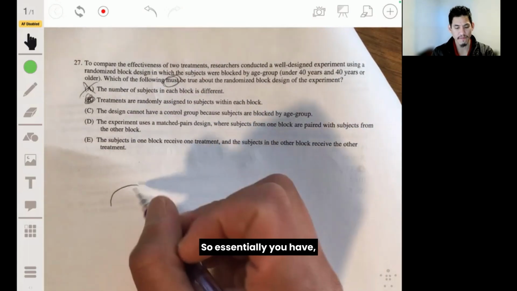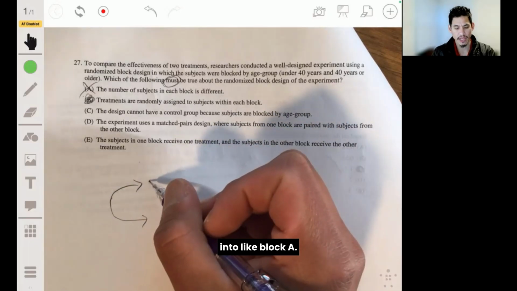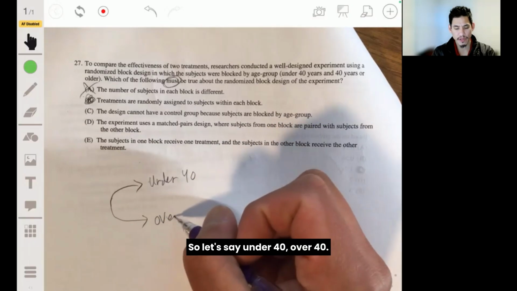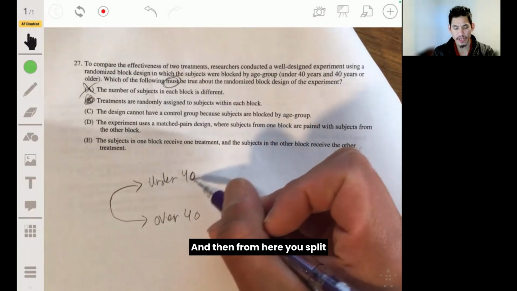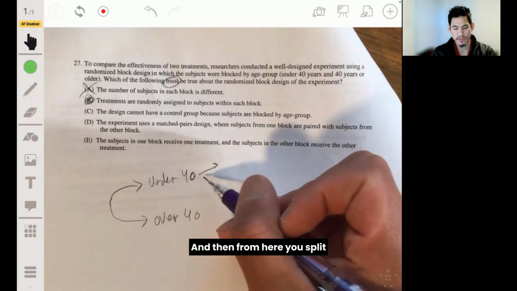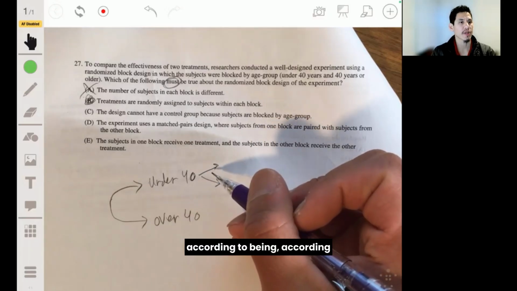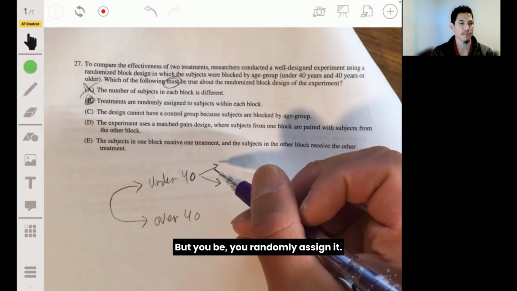So essentially you have your subjects broken into block A, so let's say under 40, over 40. And then from here, you split the under 40 group according to the treatment but you randomly assign them.